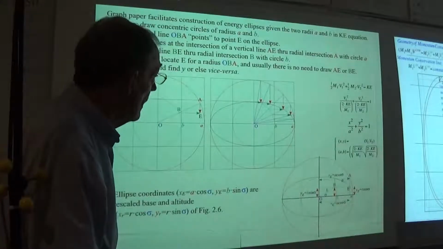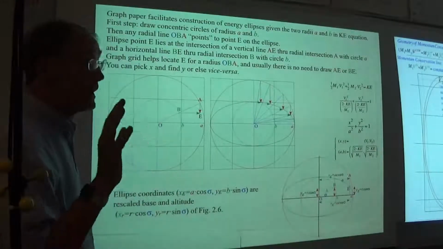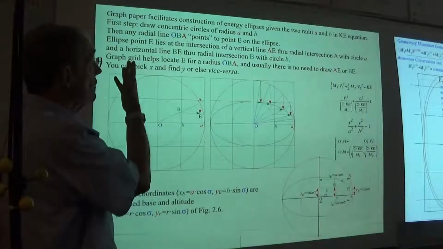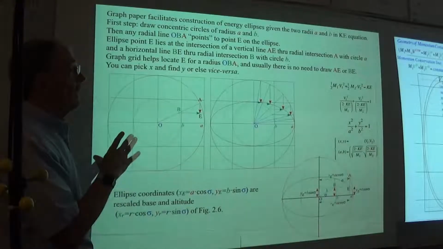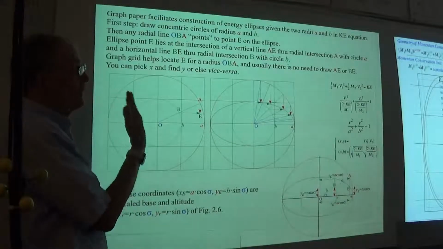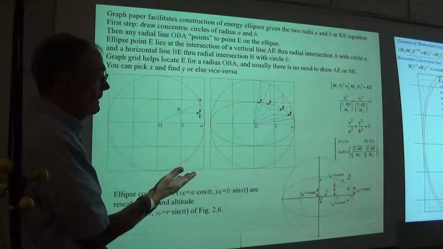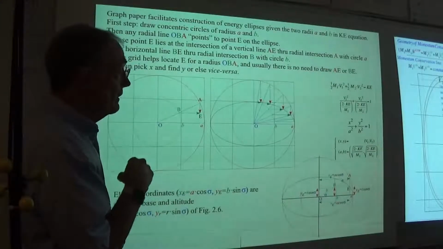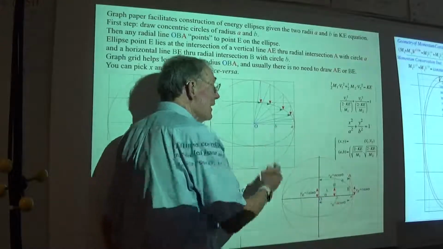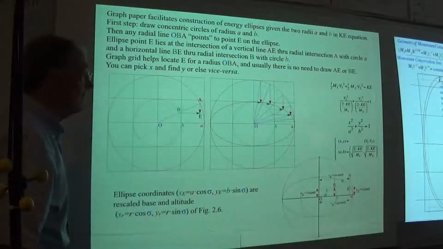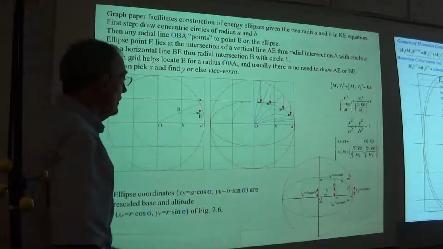All right. Now, before we get out of here, I want to make sure that you see this particular page of Unit 1. This is Chapter 1. And this is a simple way to draw an ellipse. If you know what A and B are, it's really quite easy.